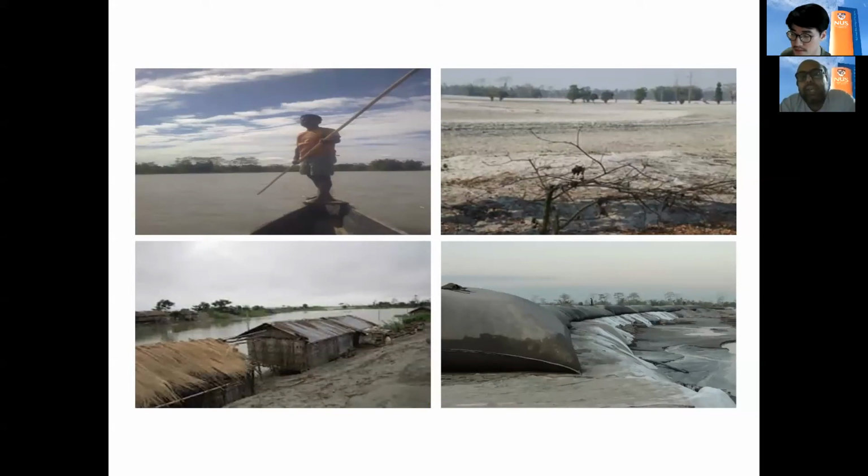The state government in India has reacted by building a new kind of embankment known as the geotextile embankment, which not only protects the area from flood, but also from bank erosion.